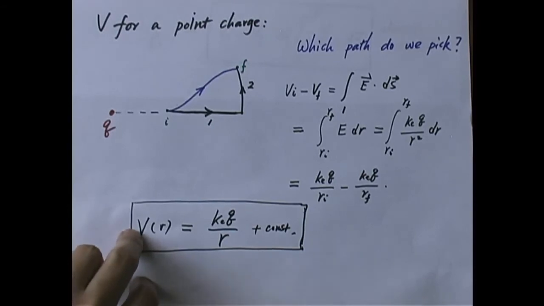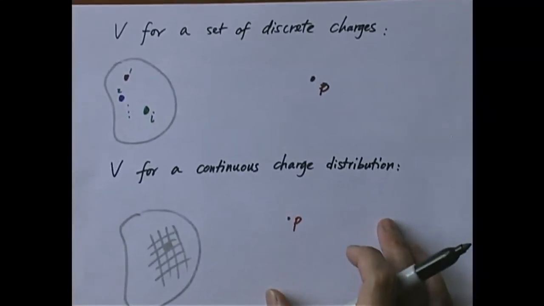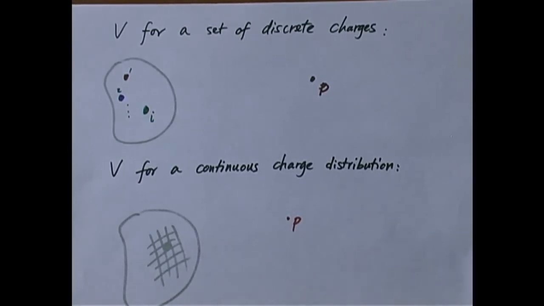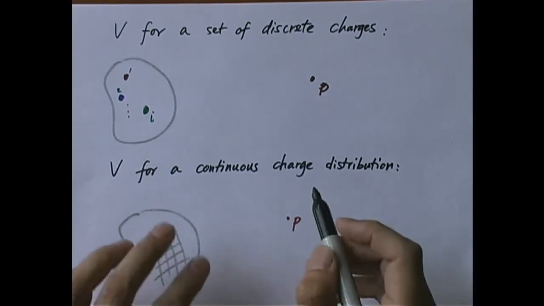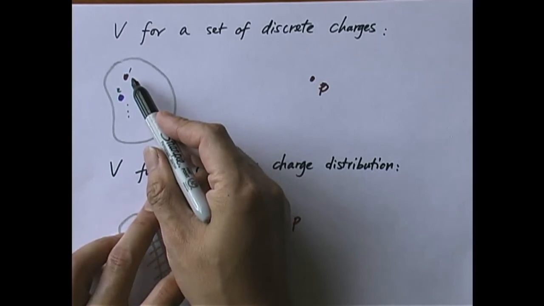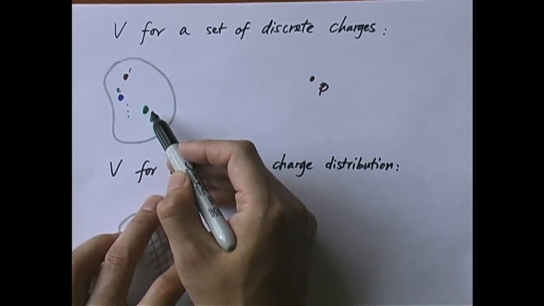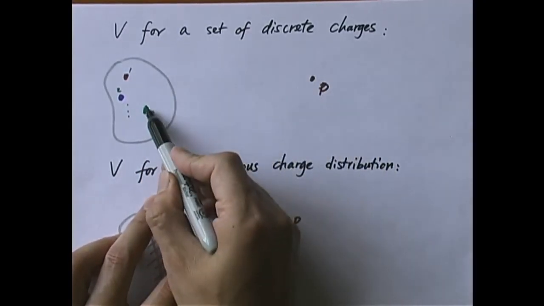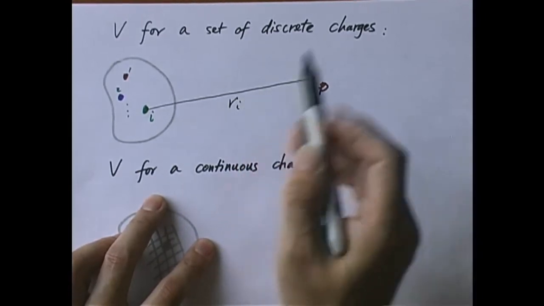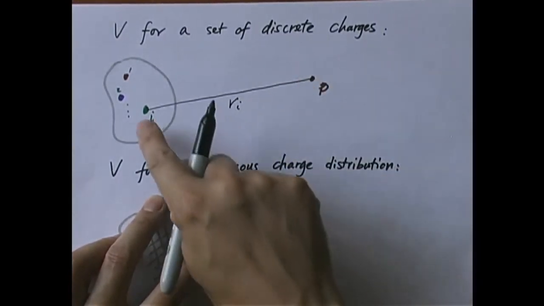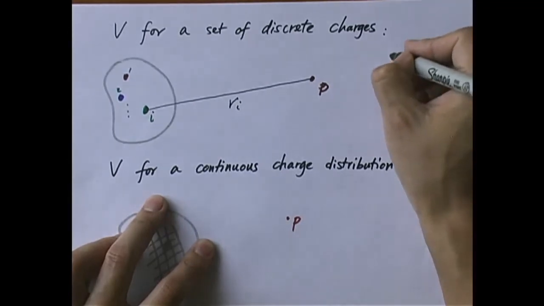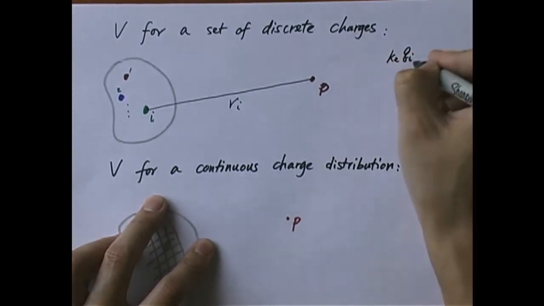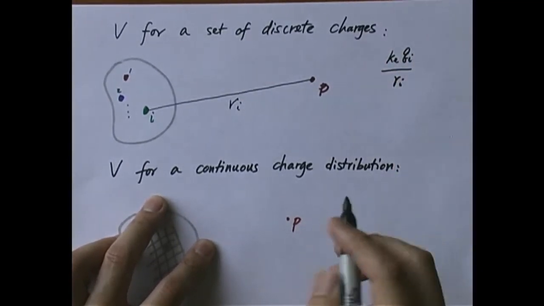So what happens if you have more than one charge? You have what's called a set of discrete charges, not just one charge. Well, that's quite simple to extend. For each charge, I can find its own potential at point P. For example, for the i-th charge, at distance r sub i, the electrostatic potential produced by this charge at point P, as you know, is k q i over r i.